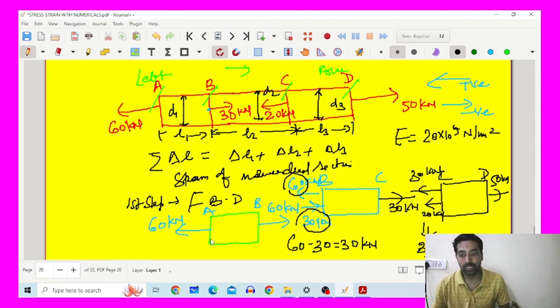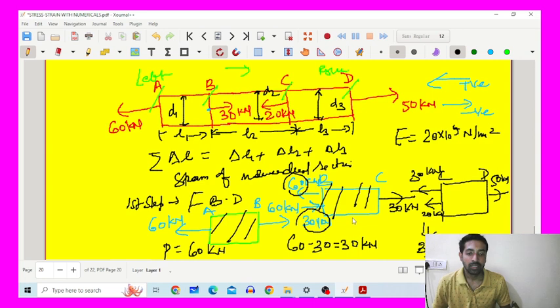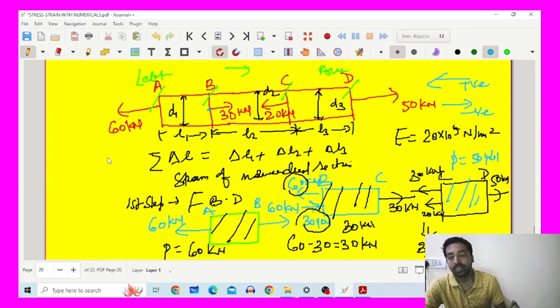You have to understand that for section AB, the load P is 60 kilonewton. For section BC, the value is 30 kilonewton, and for section CD, the load is 50 kilonewton. The only thing here is that the loads P1, P2, P3 are different.